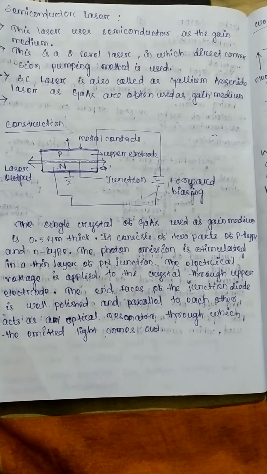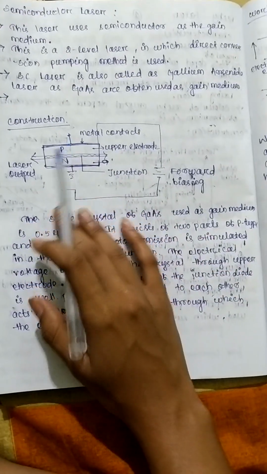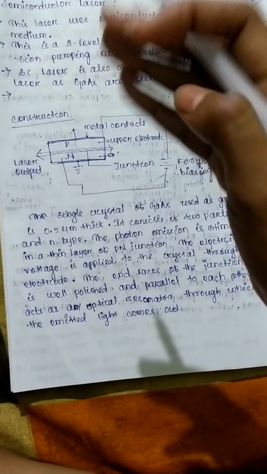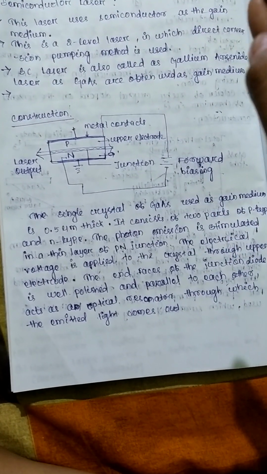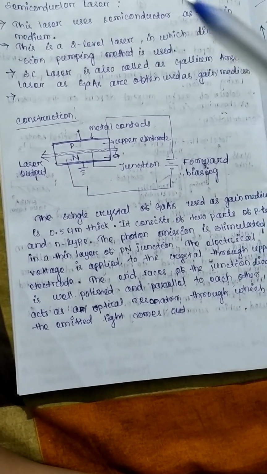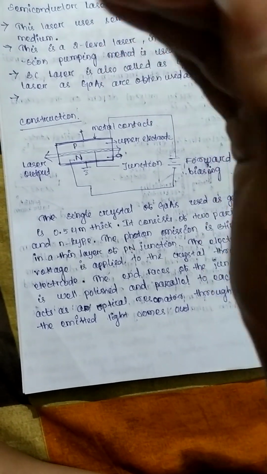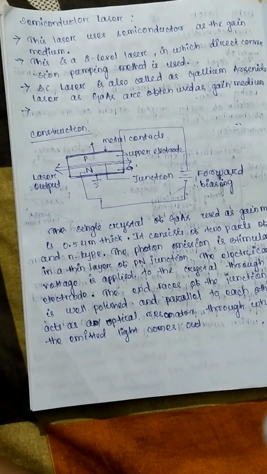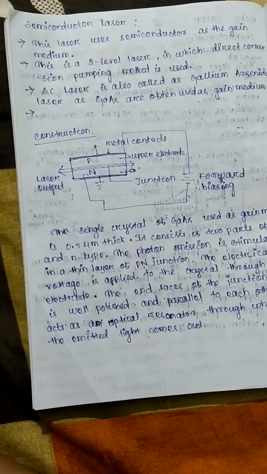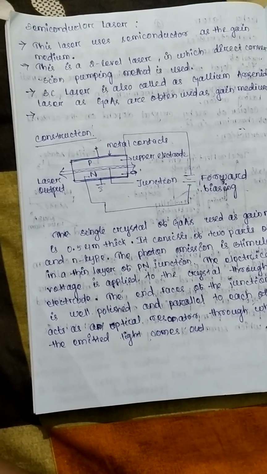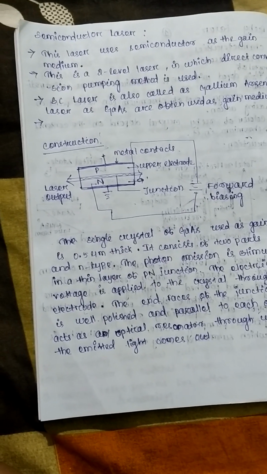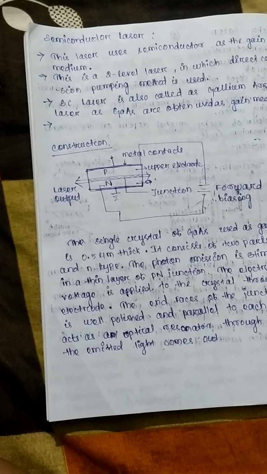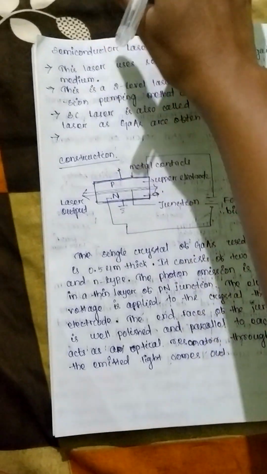By this process, one side mirror is fully silvered and the other side is partially silvered, and from the partially silvered face we get the output laser beam, because the fully reflecting mirror can reflect the beam completely.